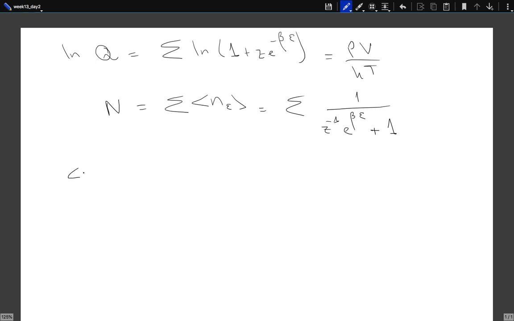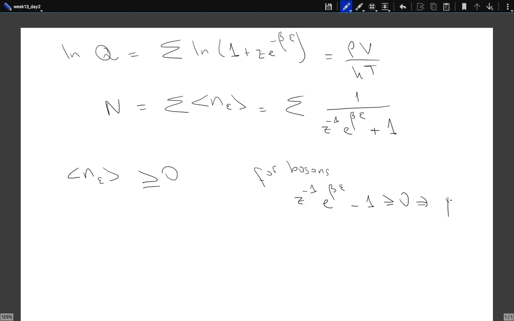Now, since the average number of particles in each microstate should be larger than or equal to 0, in the case of the bosons we had the constraint that z to the power minus 1 e to the power beta epsilon minus 1 should be greater than or equal to 0.